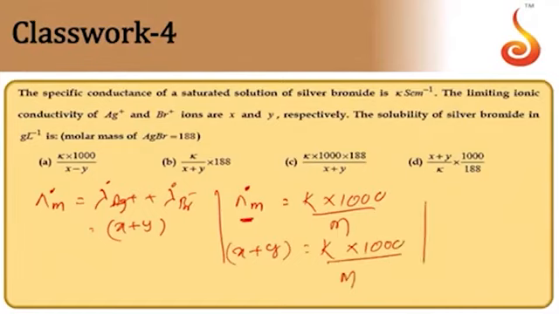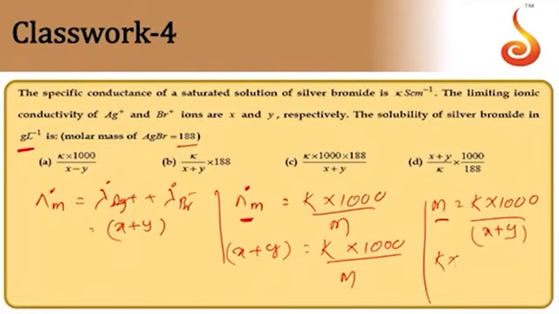Therefore, we found out molarity as kappa into 1000 by X plus Y. This is the molarity, so many moles per liter. But the question asked is grams per liter. So moles per liter must be multiplied by molar mass, which is given to us.